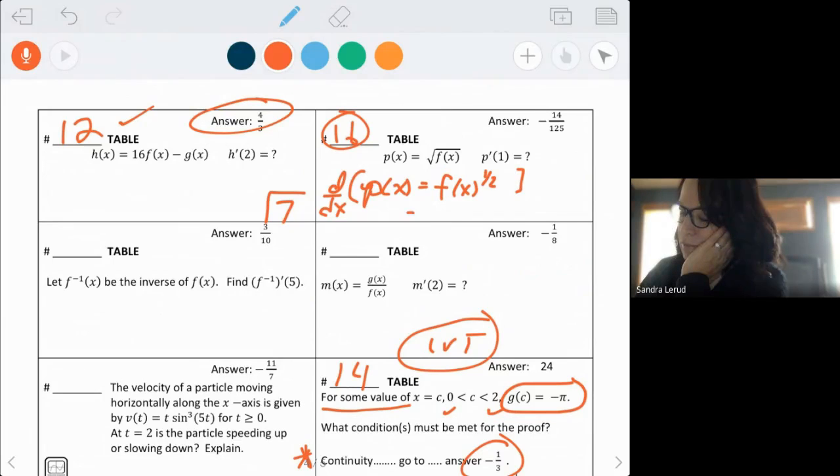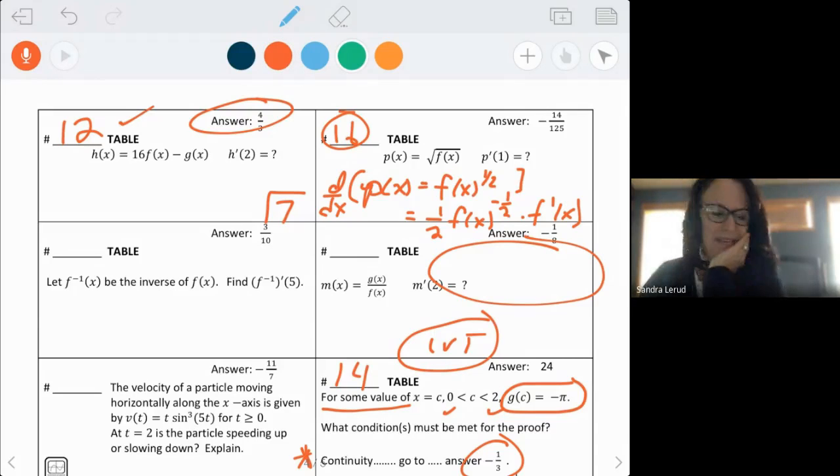So you will bring that 1/2 out front. You will knock the degree down 1, but you always have to do the derivative of the guts. And the derivative of f of x with respect to x is f prime of x. So you're going to go to your table and you're going to do this at 1 and you're going to supply the work. And you should get a 1/16. And that'll lead you to problem 17.